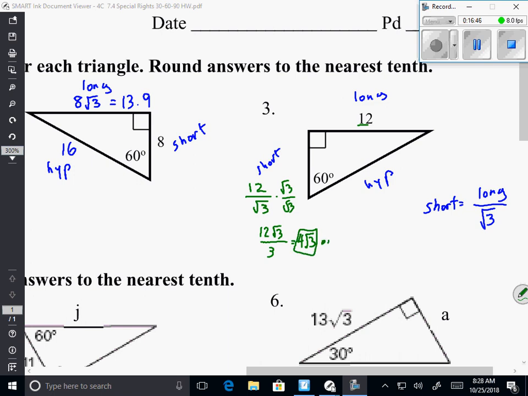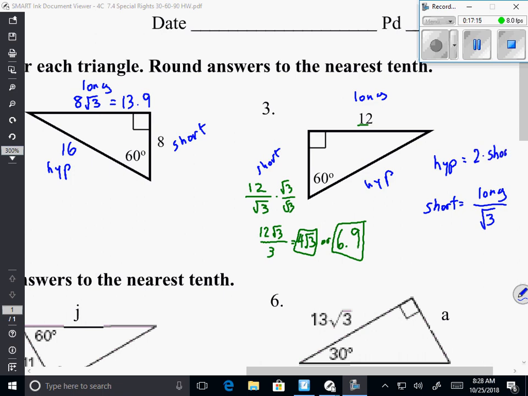The decimal form would be... double check that. And we want people to be plugging that in the calculator. Okay. So then what about the hypotenuse? Hypotenuse is the short leg times the square root of 2.